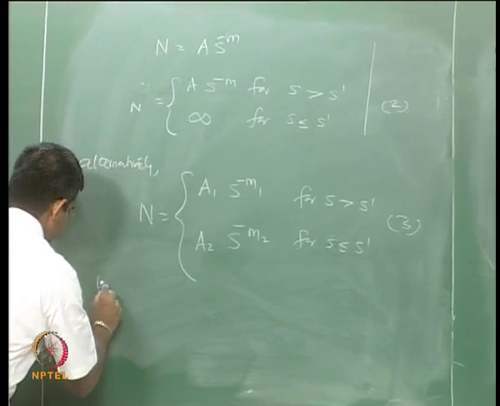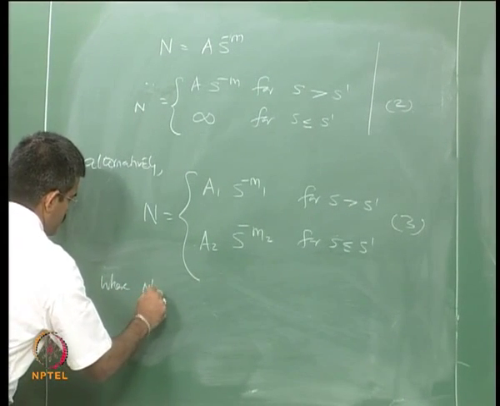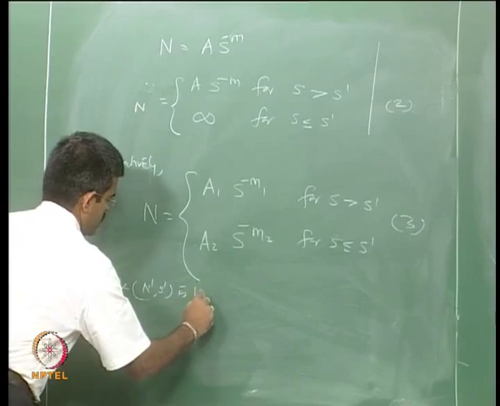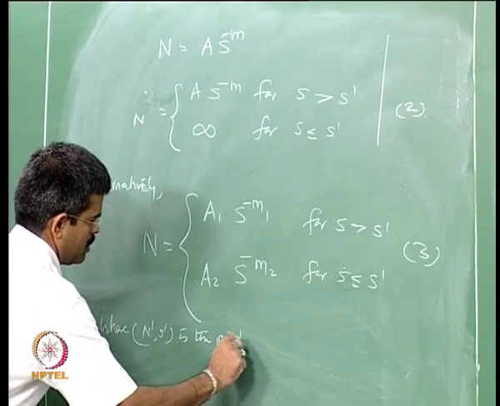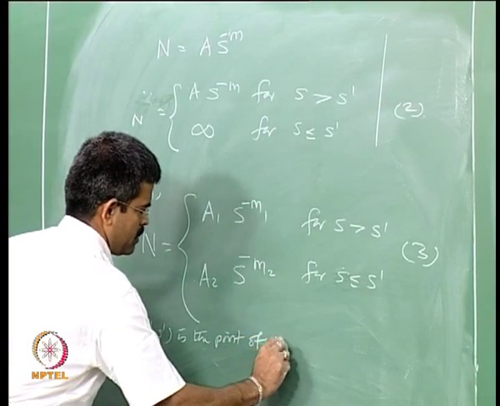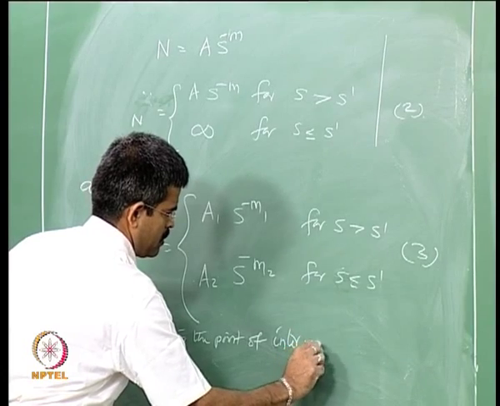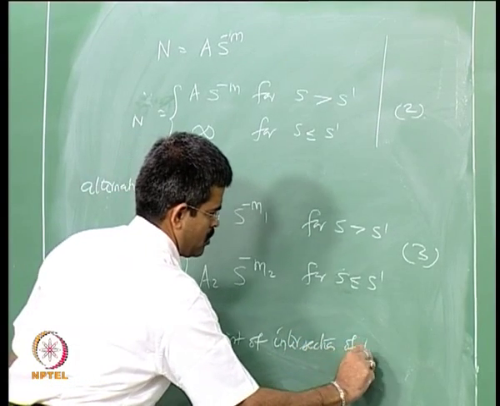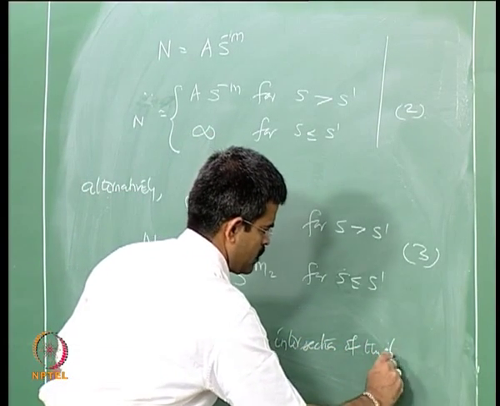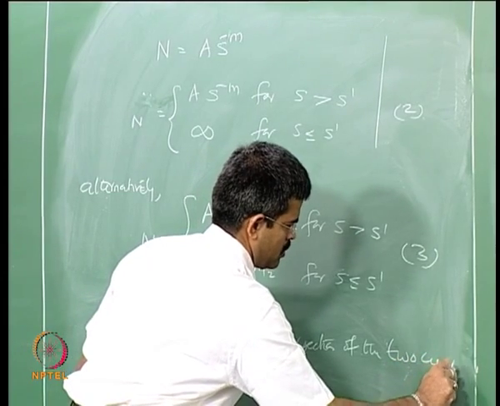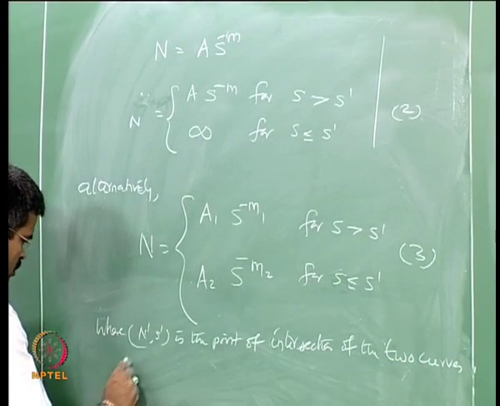Where N dash, S dash is the point of intersection of the two curves shown in equation 3.